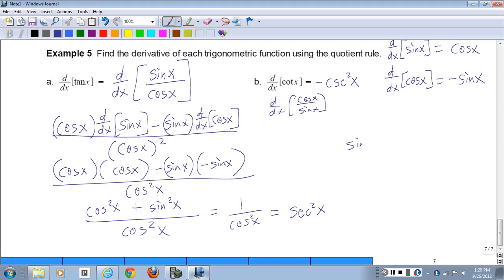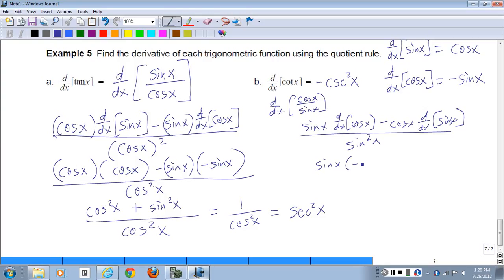You have the sine squared x in the denominator, and then it's sine x times derivative of cosine x minus cosine x times the derivative of sine x, and then it's sine x times negative sine x minus cosine x times cosine x over sine squared x.